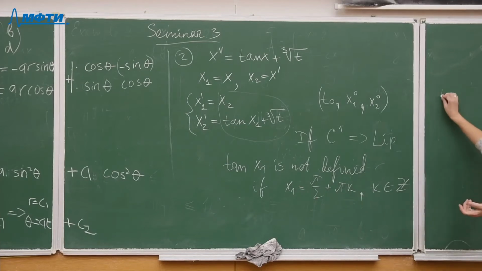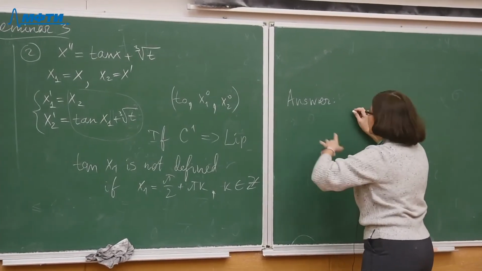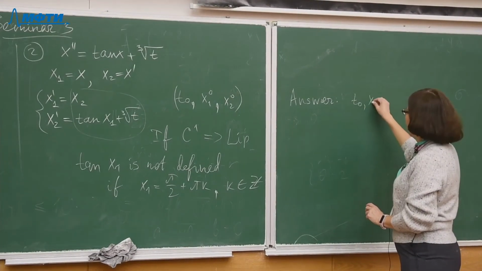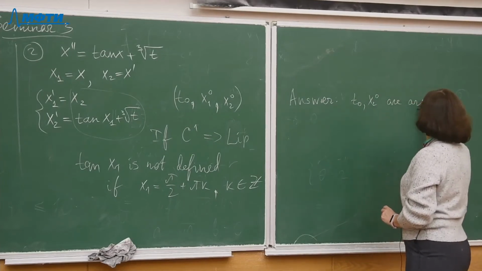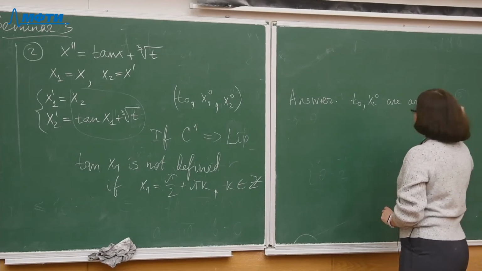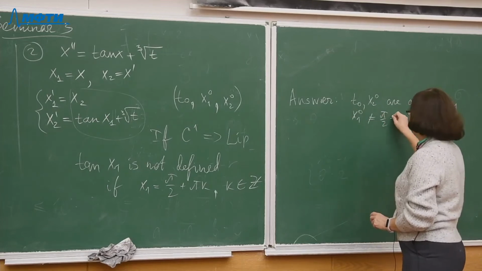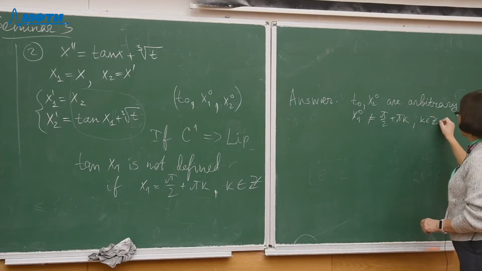So the answer to this problem is: t0 and x20 are arbitrary, and x10 is not equal to pi half plus pi k, where k is an integer number.